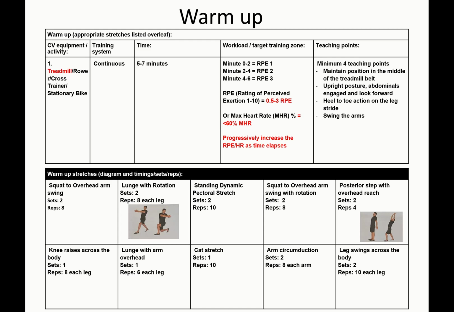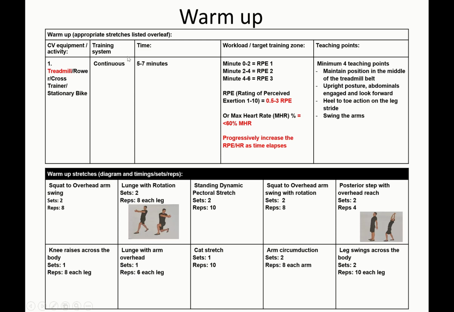For the treadmill, we've got 4 coaching points here: to maintain position in the middle of the treadmill belt, to ensure upright posture, the abdominals are engaged and we're looking forward, heel to toe action on the leg stride, and of course we're swinging our arms in order to generate momentum as we progress into that RPE 3 scale.